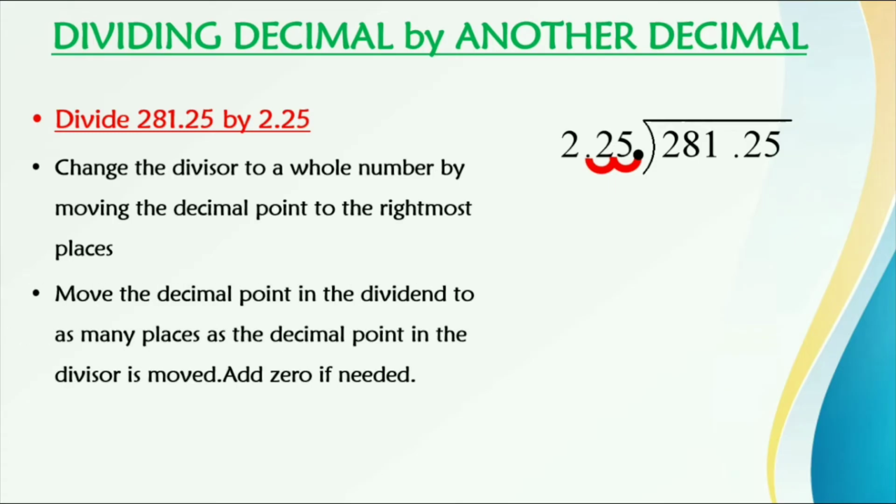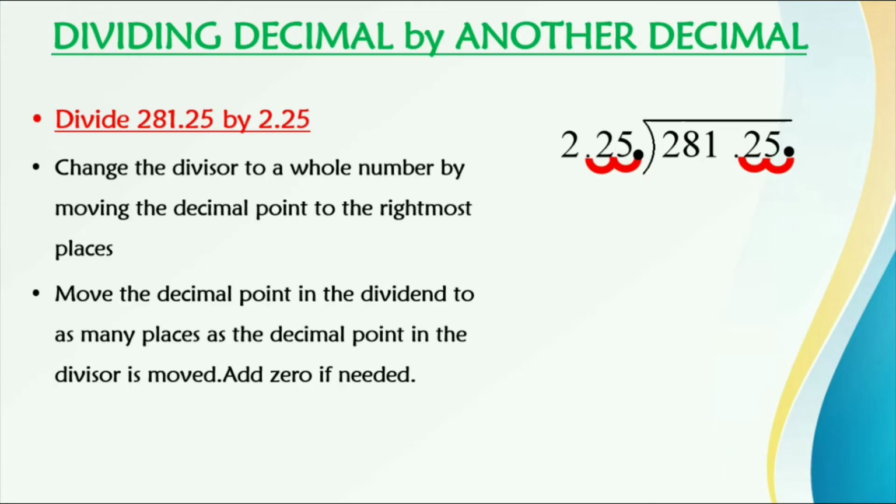Okay. So, pagkatapos natin gawing whole number yung ating divisor, i-move din natin yung decimal point sa dividend. Kung ilang decimal place yung minove natin sa ating divisor, ganun din karami yung i-move natin sa ating dividend. So, mag-a-add tayo ng 0 kung kailangan. Okay, so from that decimal point, punta tayo sa right, move tayo ng 2. Okay, so ito na ngayon yung ating decimal point.